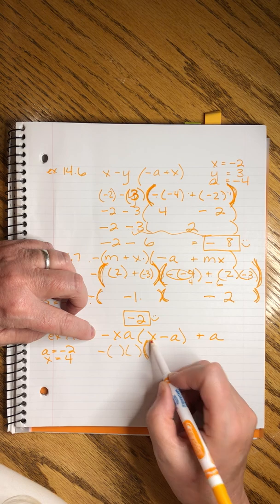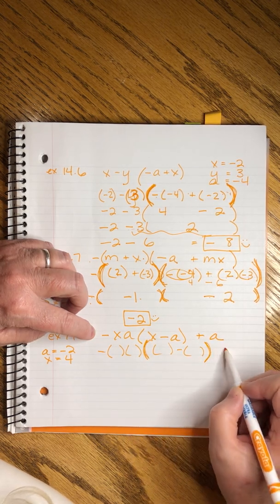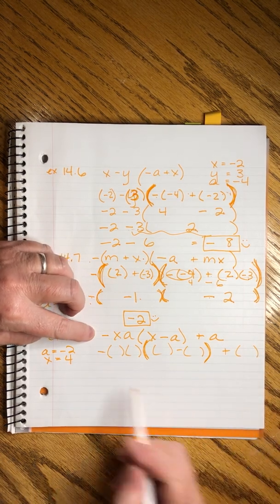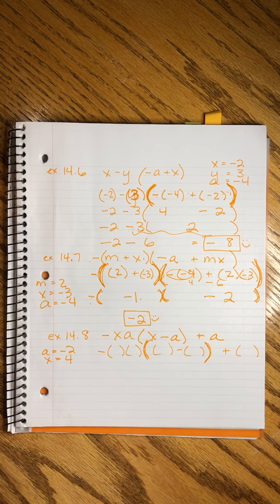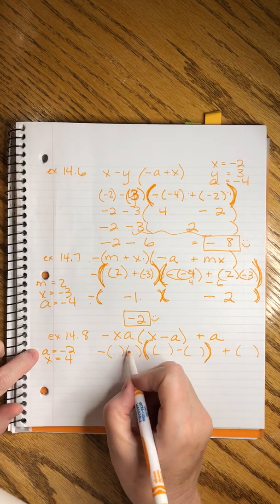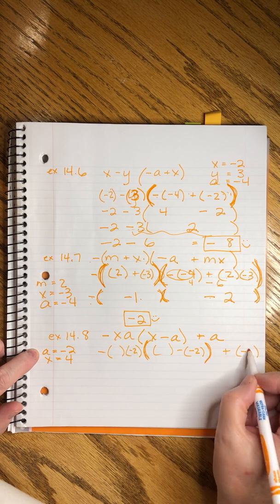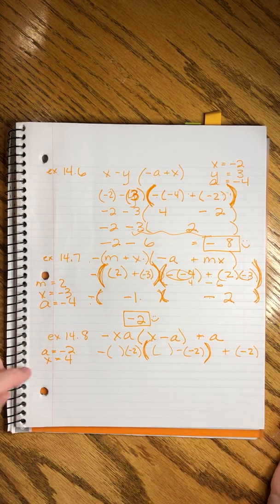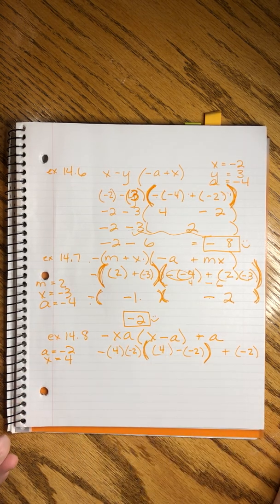There's the big parentheses. Okay, I'm double checking to make sure that looks right. Yes. Now we can plug in. A is minus 2. Make your buckets big enough so you can write in them easily. X is 4. Okay?